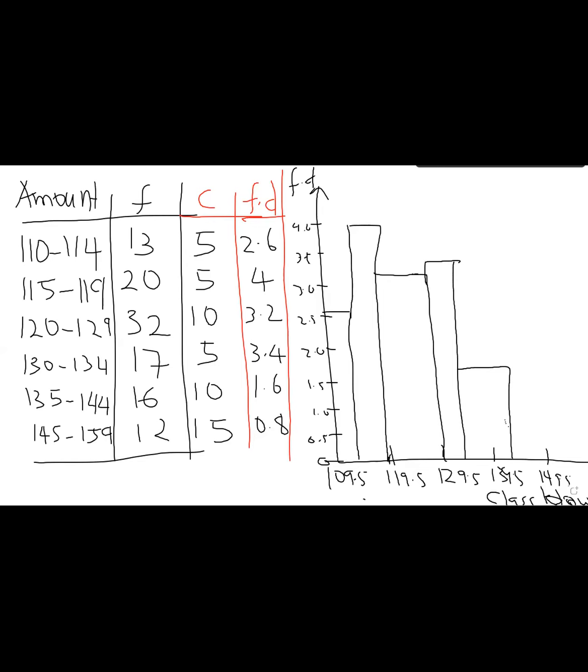Then, which means I didn't finish my classes. I needed one more, 150 to 159 here. So the last one becomes 15. So it's from 0.8 and goes up to the end. And that becomes your histogram.